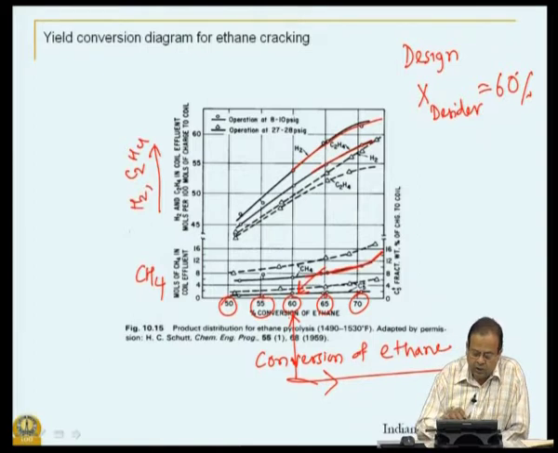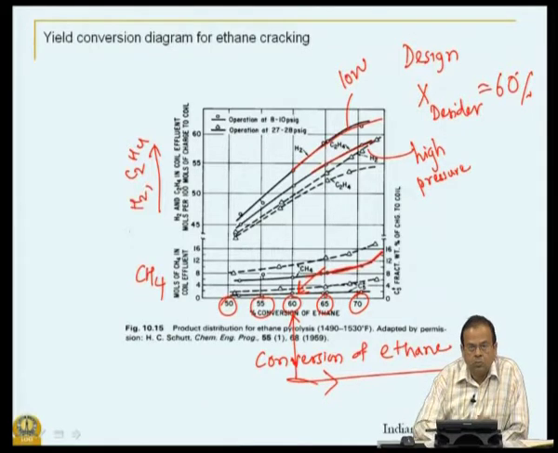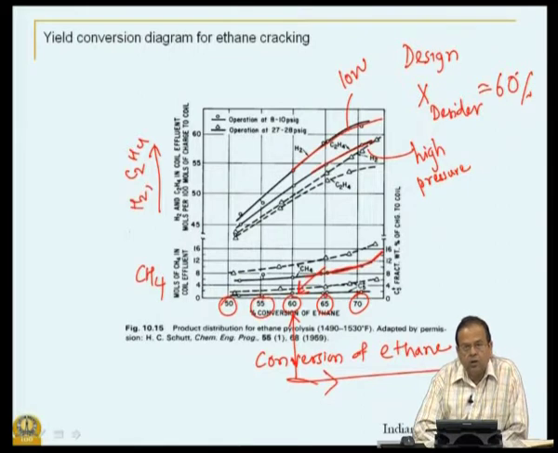The second aspect that is also apparent is that here we see the results at two different pressures. This is low pressure and this is high pressure. Why is this happening? Because there is an increase in the number of moles, lower pressure will favor higher equilibrium conversions. So, typically the operating pressures are on the lower side, but there is also another limit.